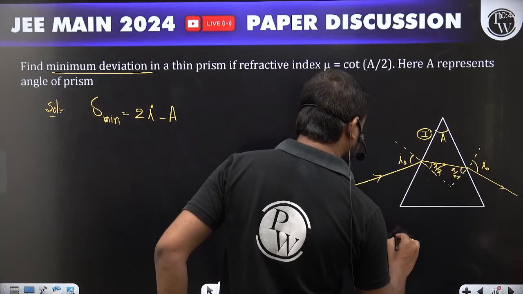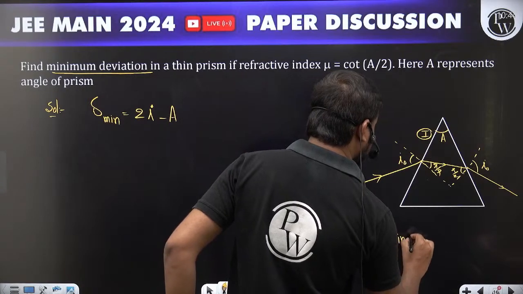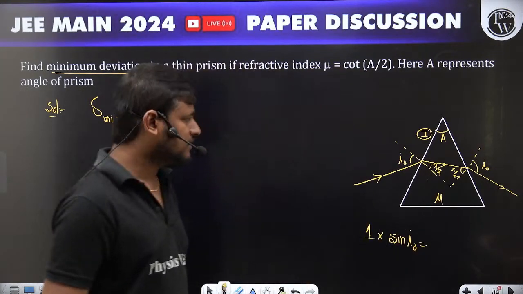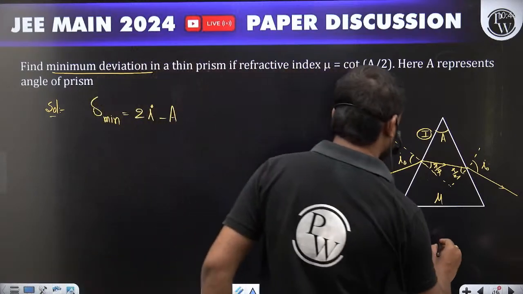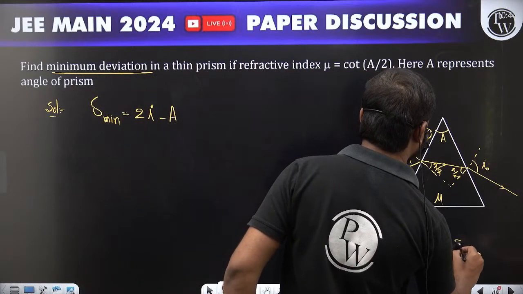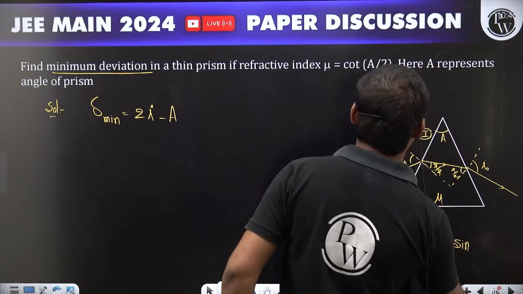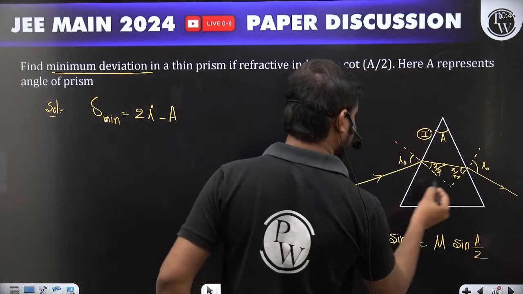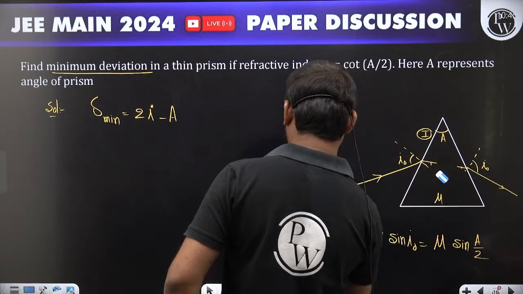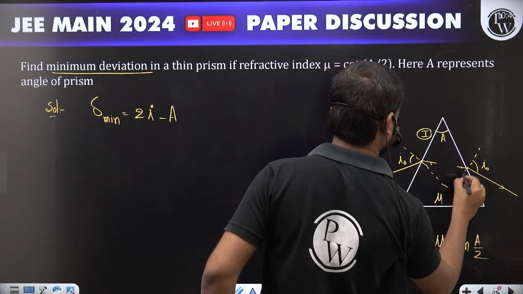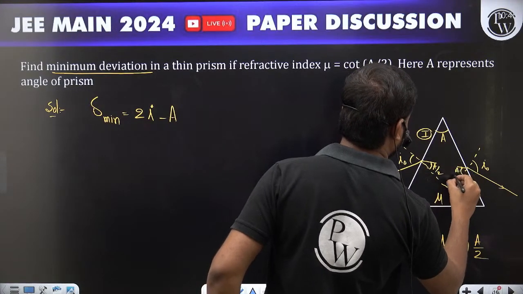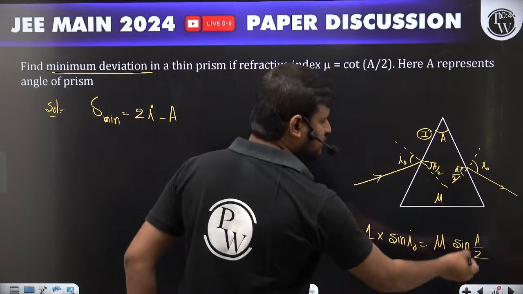1 into sine i0 is equal to, let the refractive index of this one be mu, so mu into sine here, this could be A by 2, right? This is A by 2 and this is A by 2. So mu into sine A by 2.